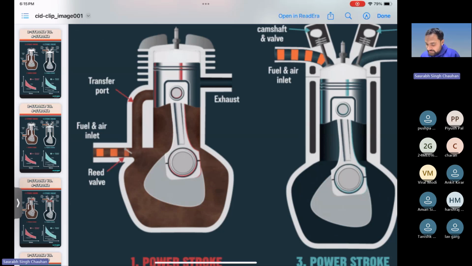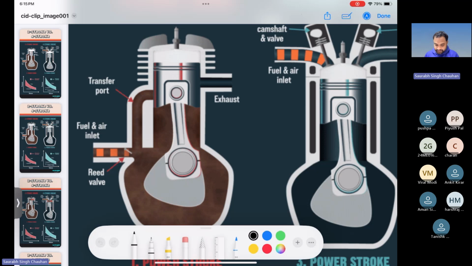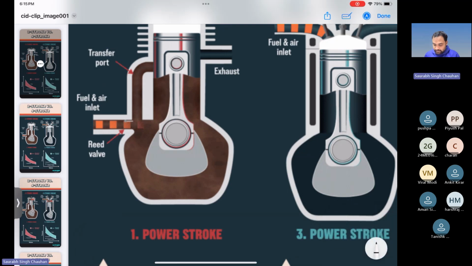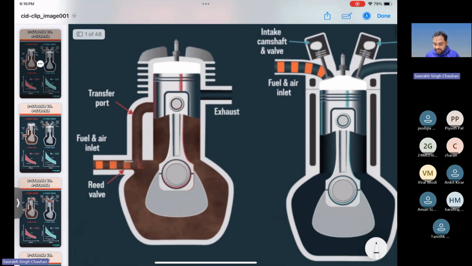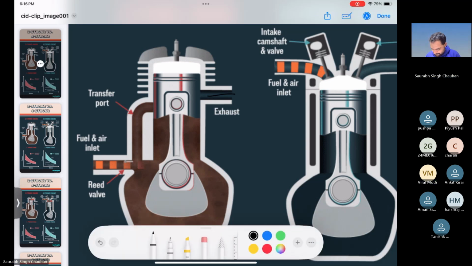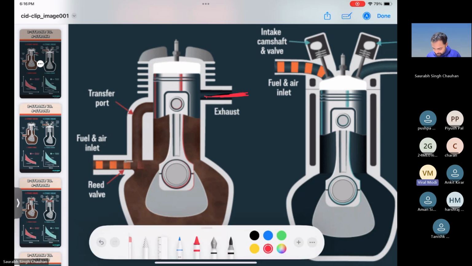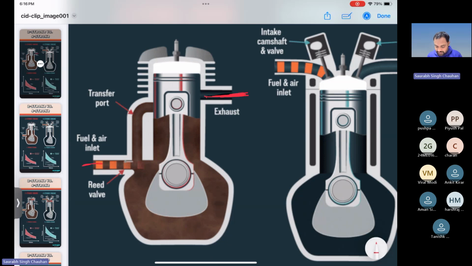Okay, so here is a better picture. Sorry. So this is a two-stroke engine. Okay, so can you see here? This is your exhaust port. Okay, this is your intake port.